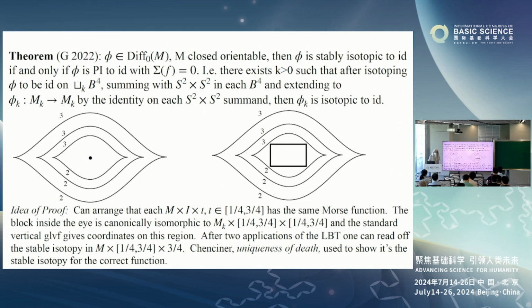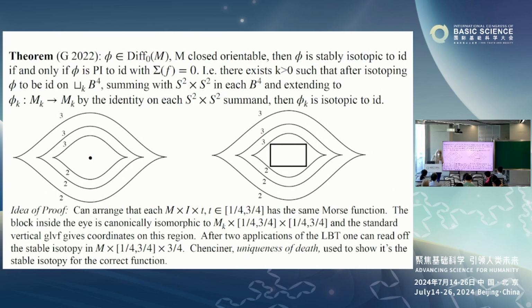Okay, so that's the first theorem, and now here's a second theorem, which I learned about from staring at pseudo-isotopy. So if I have a diffeomorphism that's homotopic to the identity, suppose I could do the following. I could do some isotopy so that in some disjoint union of four balls, the diffeomorphism is the identity.